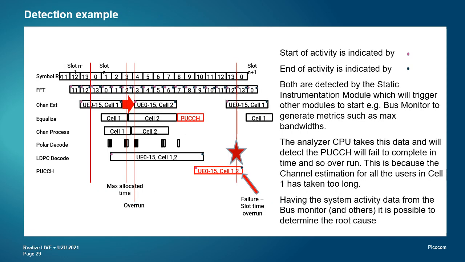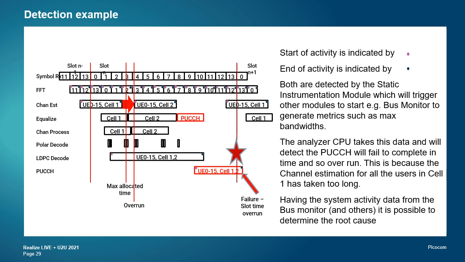So just to explain it in a slightly different way, if we take the timing diagram that Peter showed earlier, we could have the FFT, the channel estimator, and other tasks that are statically instrumented, and that information ends up at the analyzer. But we also have the bus monitor doing things like the min-max average calculations. And you can see in this case that when the channel estimator slips and overruns, that information is very useful to the analyzer CPU.